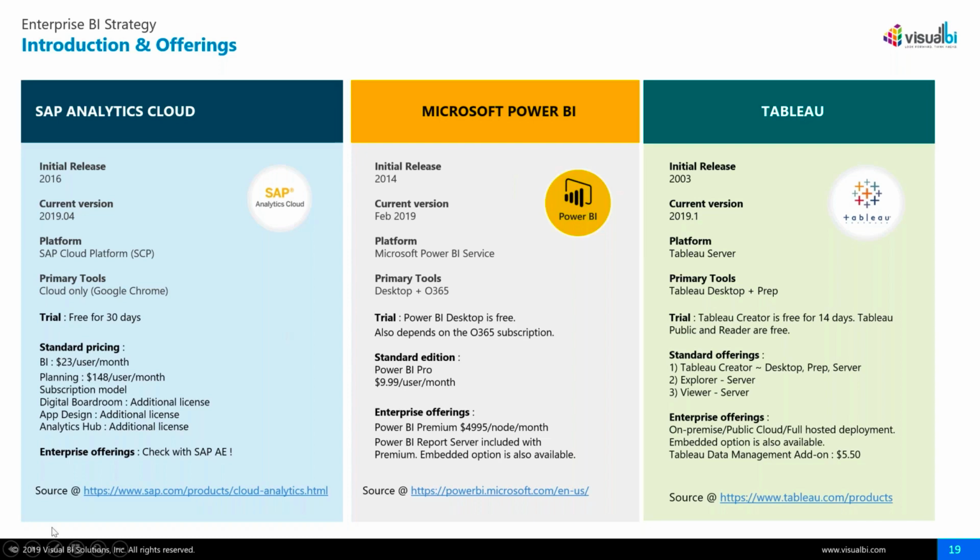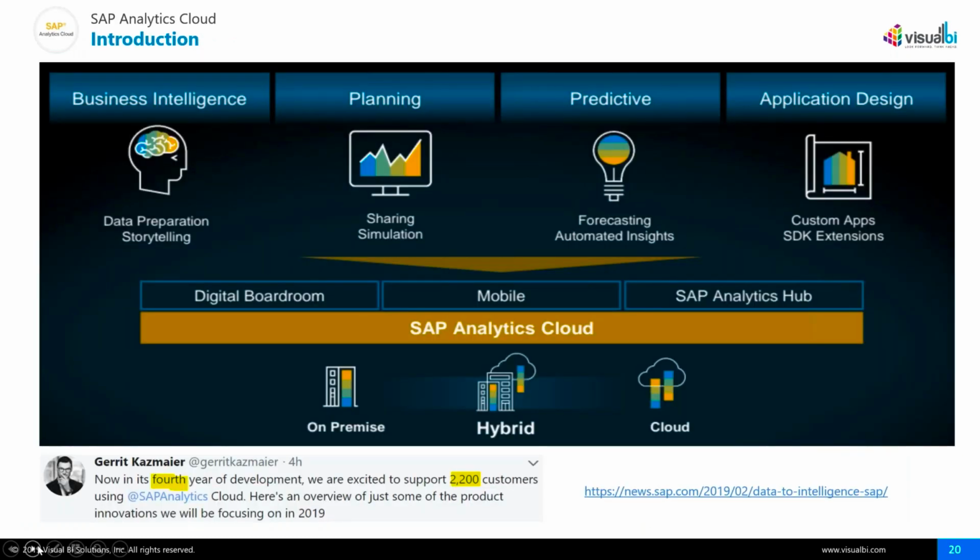And when we go a little deeper on each of these tools, more from an introduction perspective, I touched on Analytics Cloud. One of the biggest strengths of Analytics Cloud is that it is providing a hybrid BI concept where the tool can connect to your live BW, live HANA, or a universe, where you are on-premise or your S4.